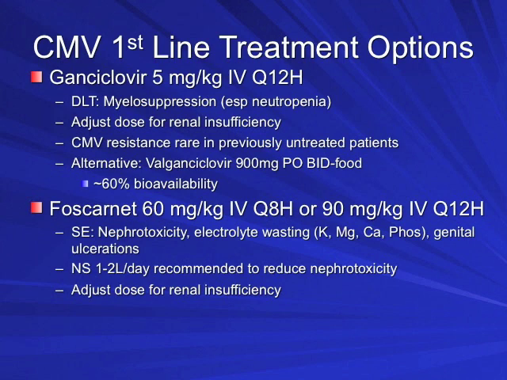But the concerns here are side effects include nephrotoxicity, electrolyte wasting, potassium, magnesium, calcium, phosphorus, genital ulcerations can occur. These patients should receive concurrent saline for sodium loading to reduce the nephrotoxicity with foscarnet, if at all possible. And foscarnet's nephrotoxic and renally eliminated, so you have to adjust its dose for renal insufficiency.